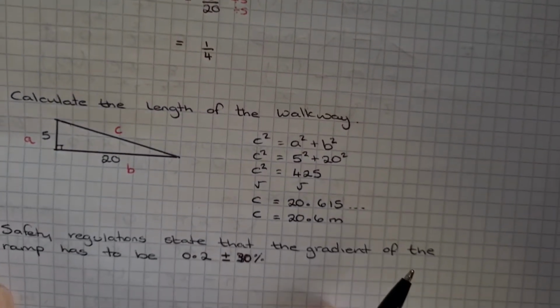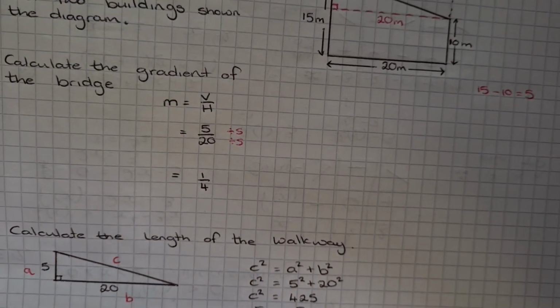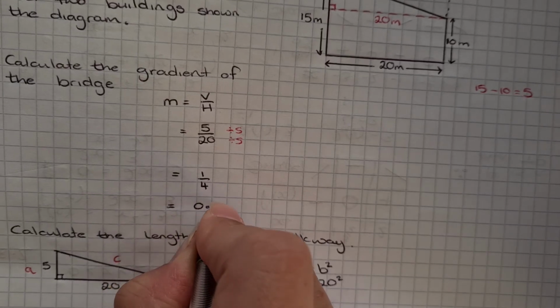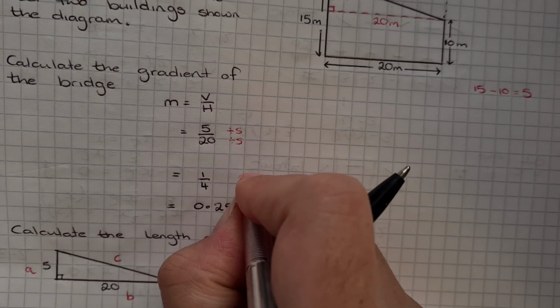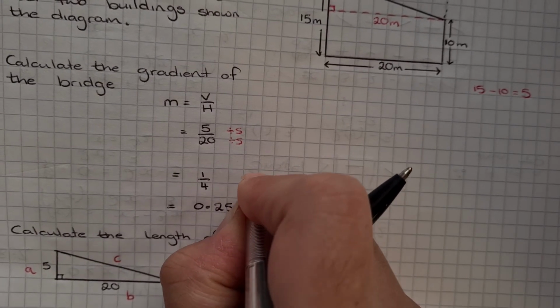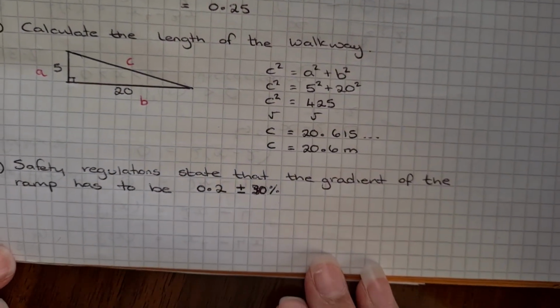Since they've given their gradient as a decimal, we're going to change that quarter into a decimal. So top divided by bottom, so it'll be 0.25. All we've done is 1 divided by 4. So our gradient is 0.25.